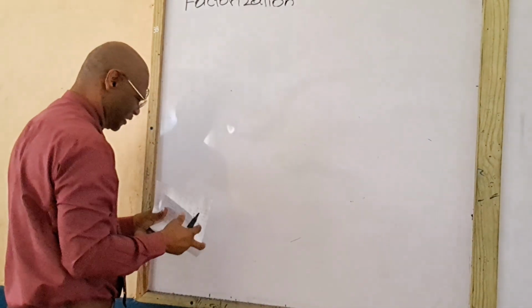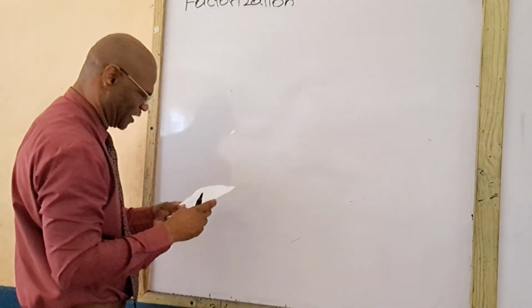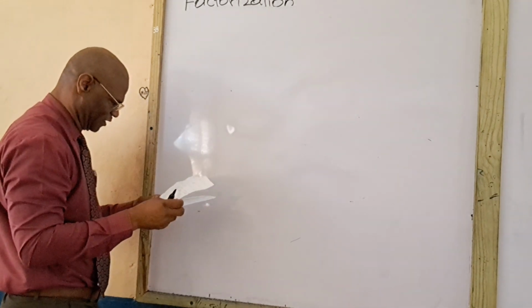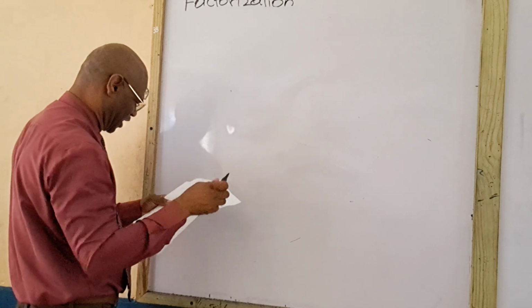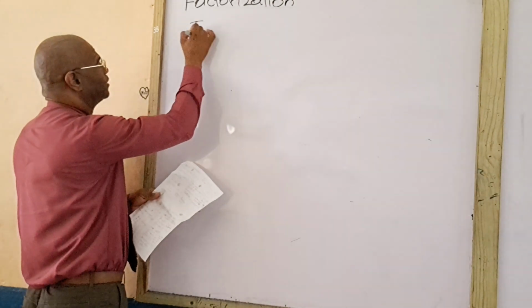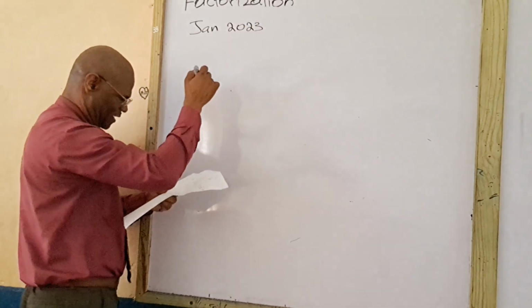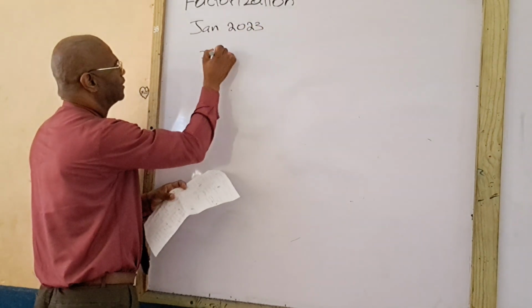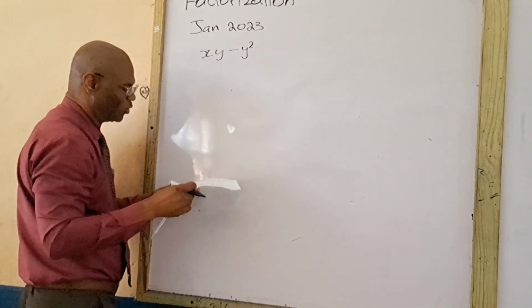Right, let's look at some more past paper questions. So we can look at the January 2023 paper. That's xy minus y squared.